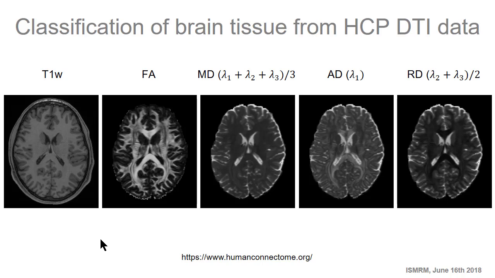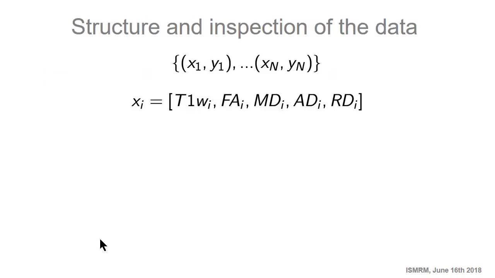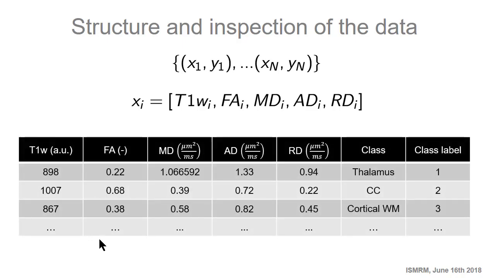And we are going to classify which category of tissue our voxel belongs to based on these 5 values of an individual voxel. So this is how our data looks. We have a feature vector with 5 entries, very, very simple. And then our class labels. So let's take a look at how this looks.